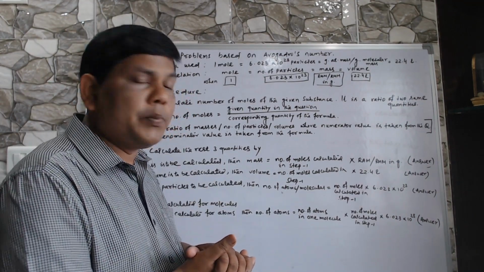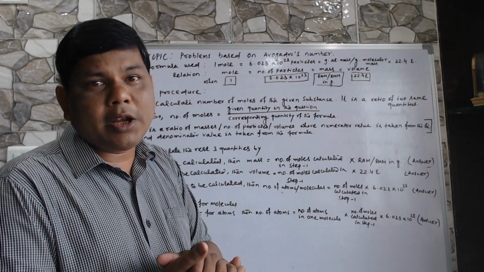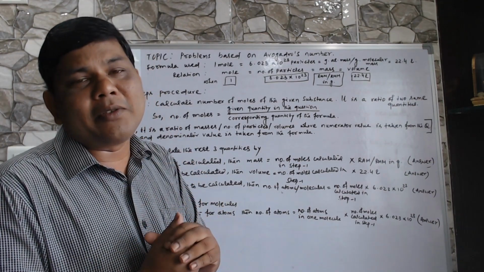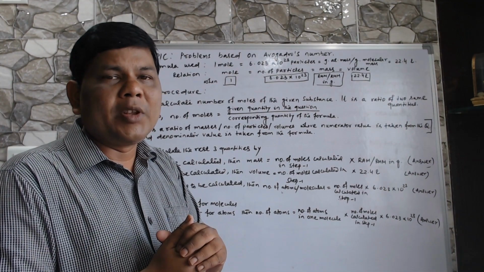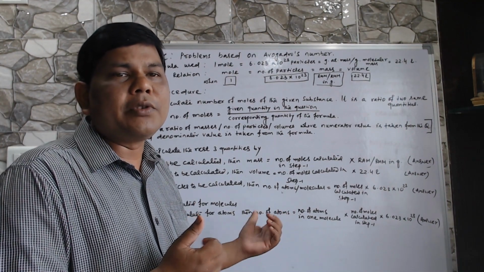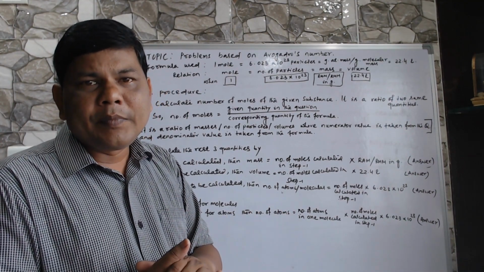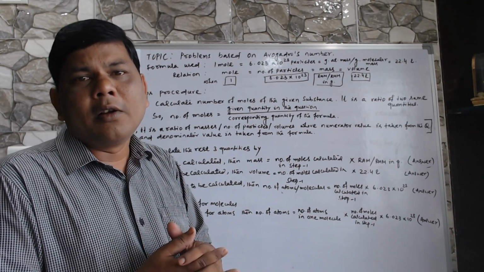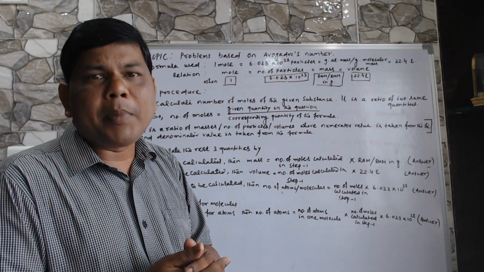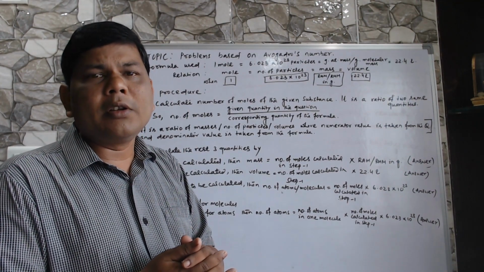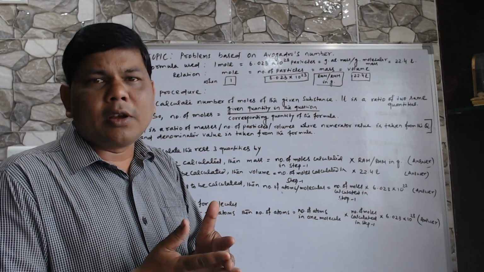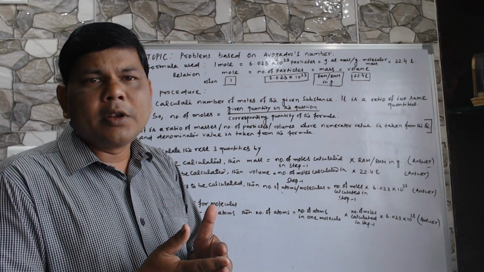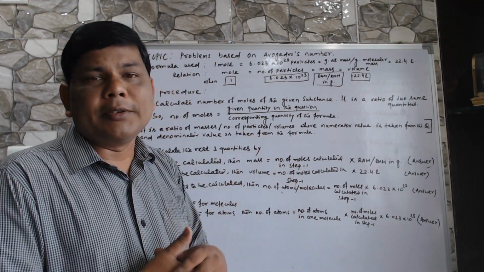So you can use formula D, but subject to the condition that moles must be calculated for the molecule. Otherwise, you cannot use this formula D. So this is the end of part 1. In part 2, we will discuss the numericals, or solving problems using this procedure.